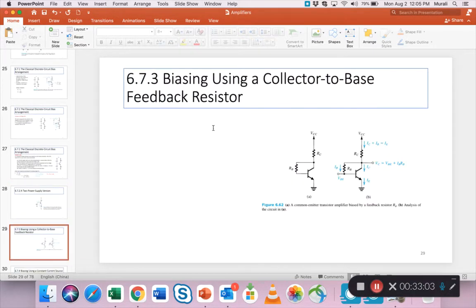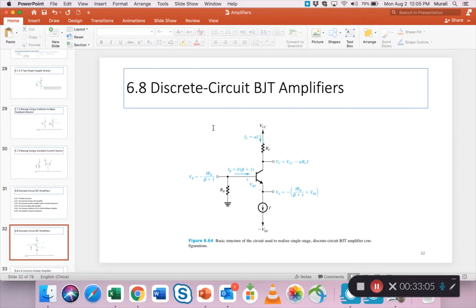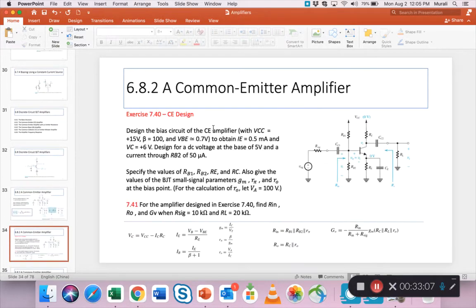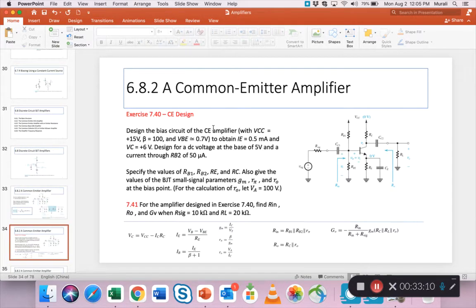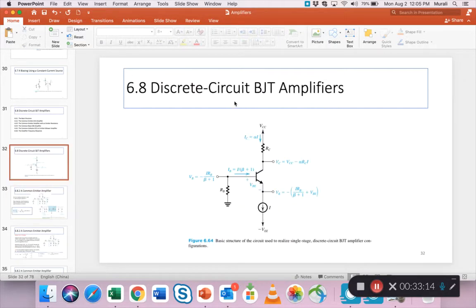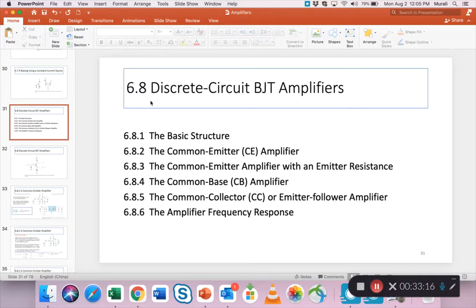All right, let's move on. I got a few more to do. Exercise. So now we are in this section called 6.8, discrete circuit BJT amplifiers, and I told you that this is the last section in the textbook.